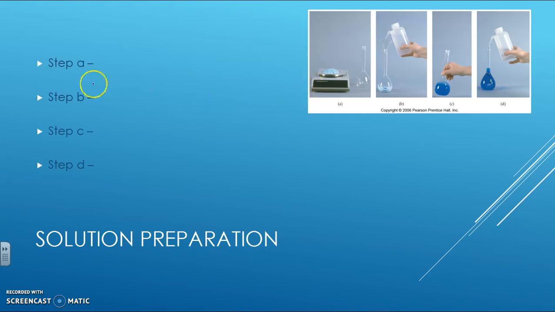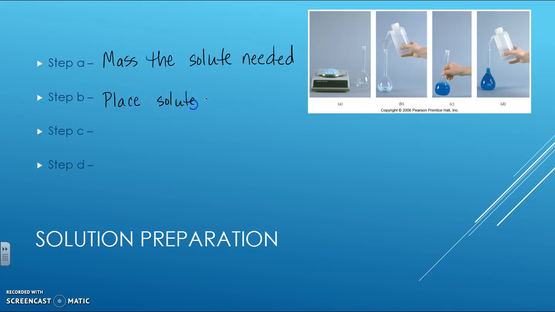So in step A right here, what we're doing is we're going to mass the solute. Or if it was a volume, we would volume the solute, but we'd mass the solute needed to make the solution. Okay? And then in step B, we would place the solid or the solute in the volumetric flask.